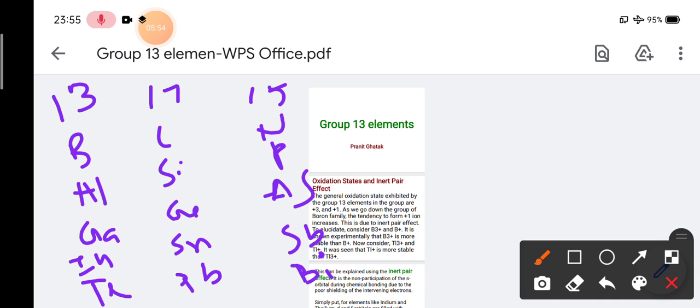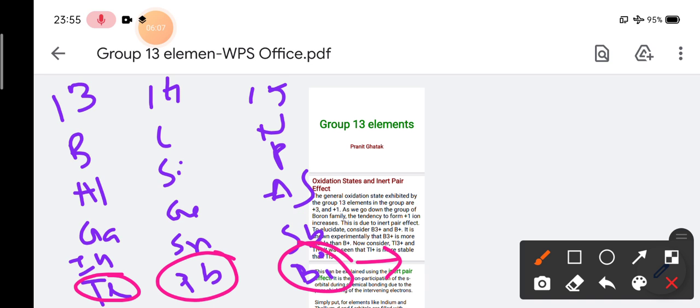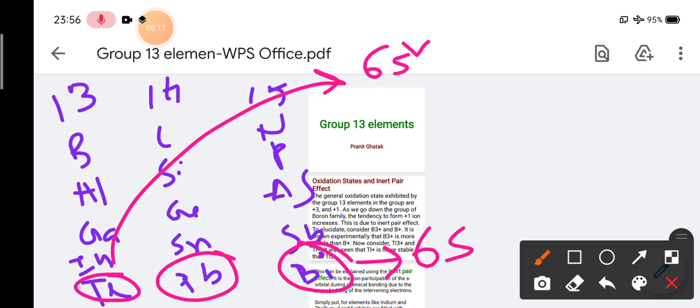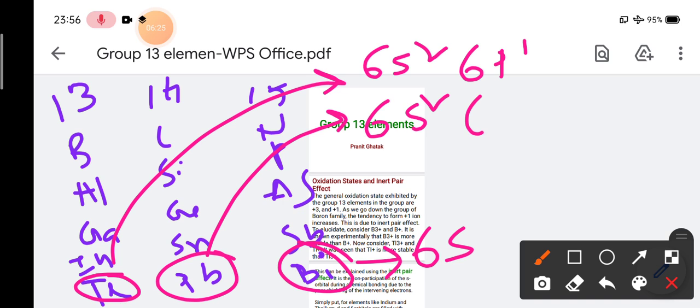Among all of these elements of group 13, 14 and 15, these elements, that is thallium, lead and bismuth, have the 6s orbital. Their electron configurations are: thallium 6s2, 6p1, lead 6s2, 6p2 and bismuth 6s2, 6p3.